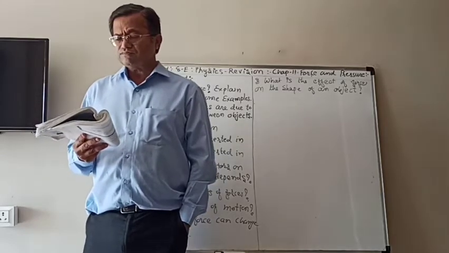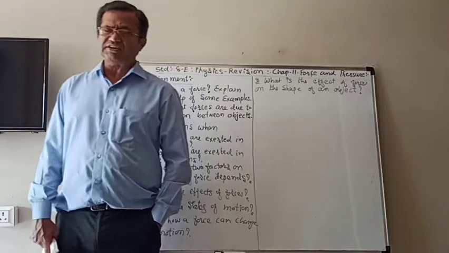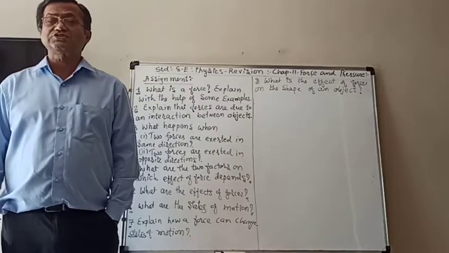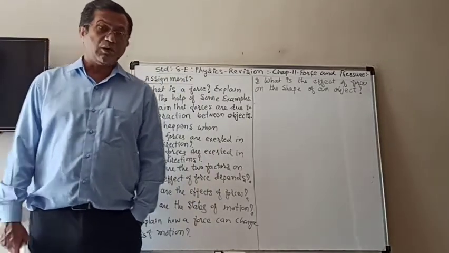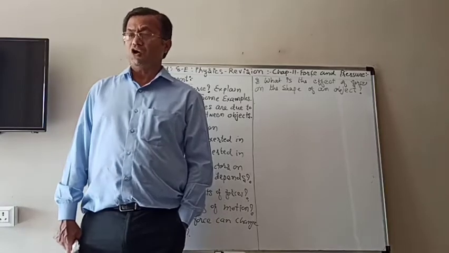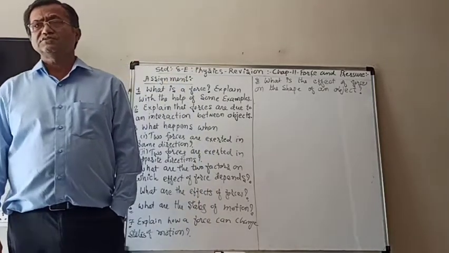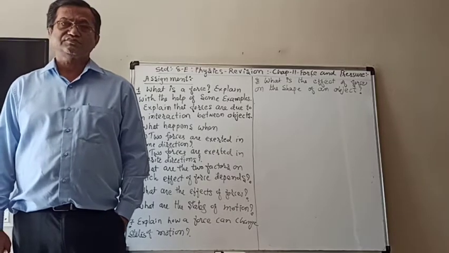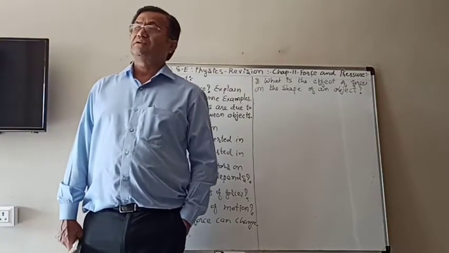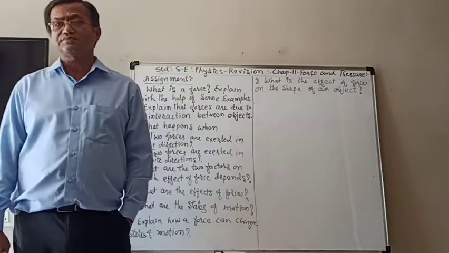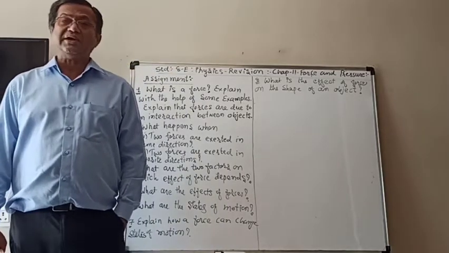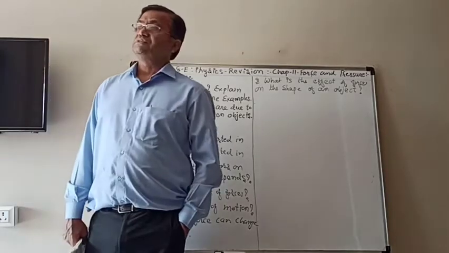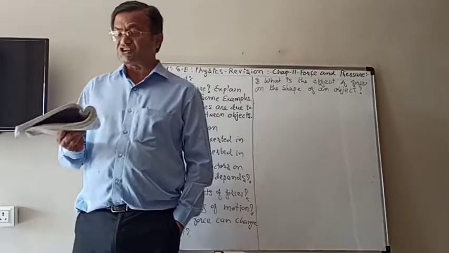So now the question arises: what is going on with the ball which is rolling on the floor, so that it slows down and finally stops? How can the direction also be changed?